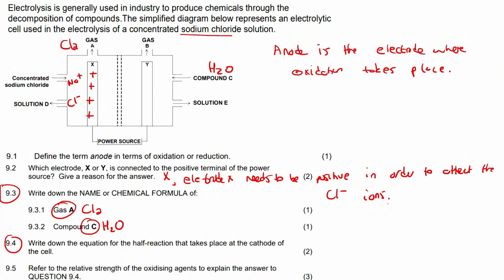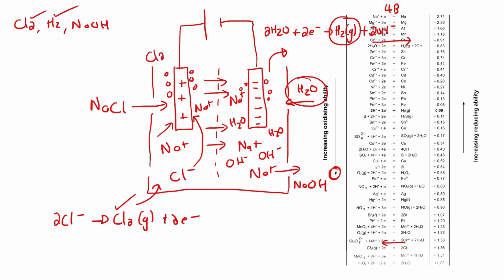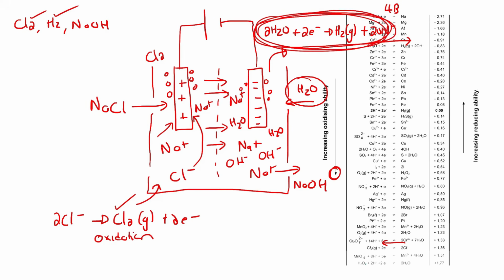Now, write down the equation for the half reaction that takes place at the cathode. Now, we know that cathode is always the place where reduction happens. Now, remember what I explained over here. On this side, we had this reaction take place. Now, you need to know that that is an oxidation reaction. And then on this one, we had this reaction take place, and that is a reduction reaction.